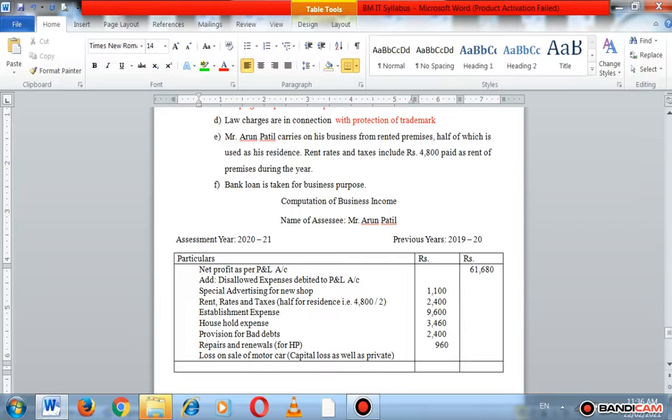The car is used for private purpose, so it is disallowed, amounted to rupees 3600.